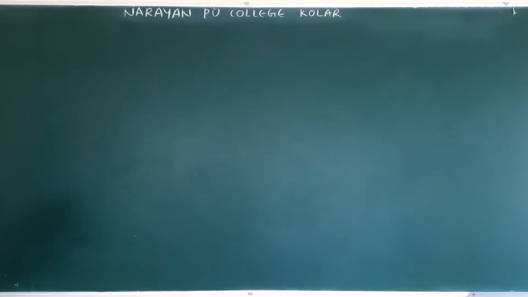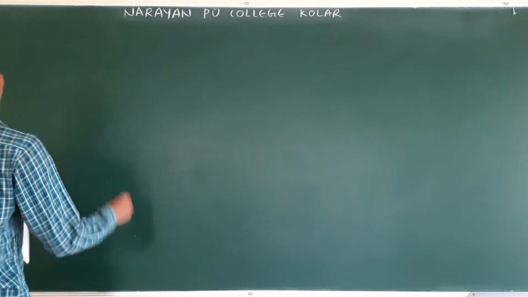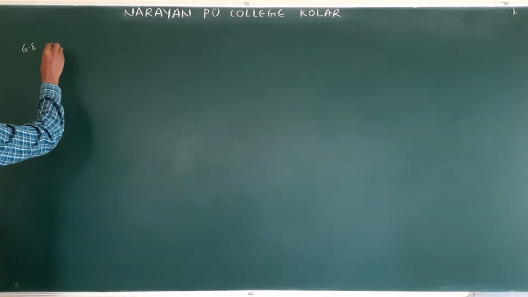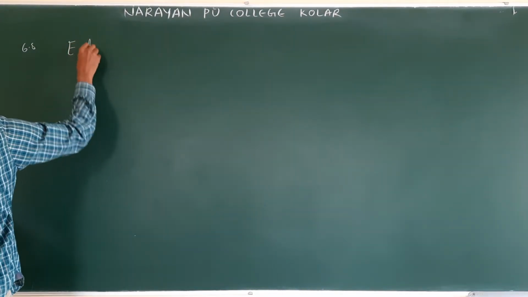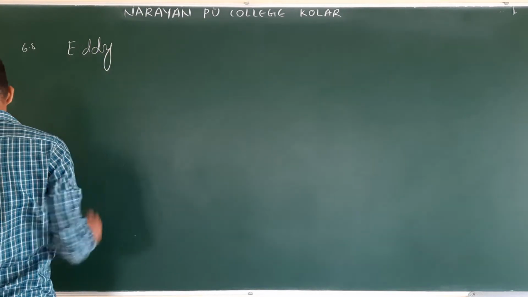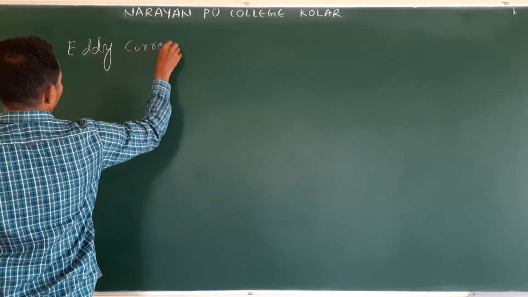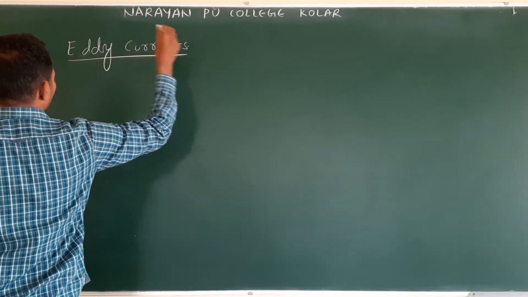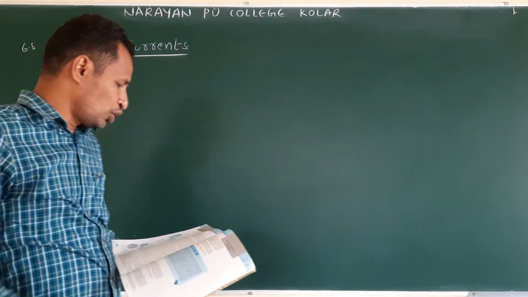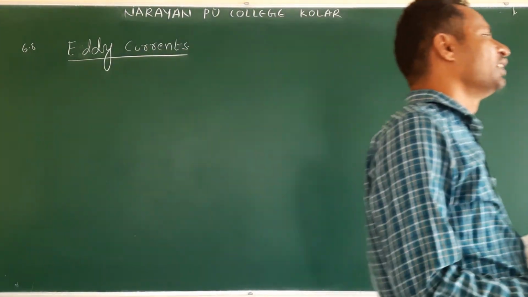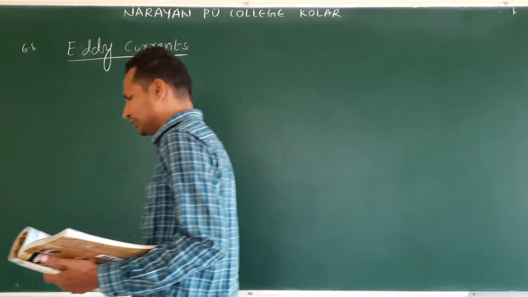Next discussion, 6.8, eddy currents. This we expect in 1 mark and 2 mark questions. What is this? Eddy currents. This is one kind of current.